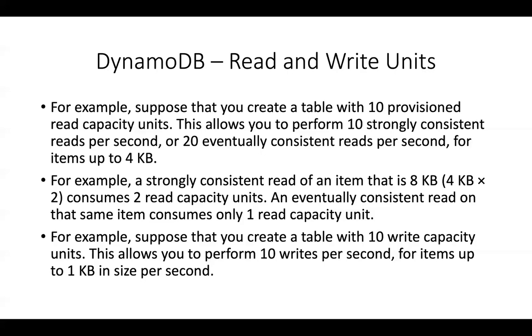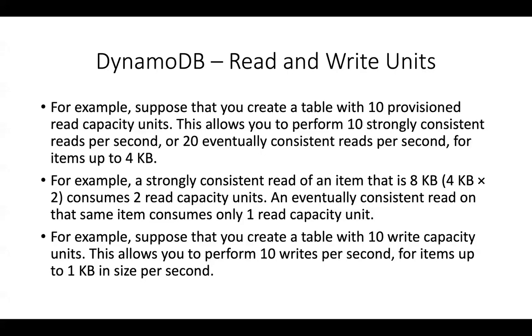So let me talk a little more about this, with a few more scenarios. Suppose you are writing 1 MB of data per second, which is 1024 KB. You will need at least 1024 write capacity units. But when it comes to read, if you read 1 MB of data, which is 1024 KB, you will have to divide that by 4 KB.